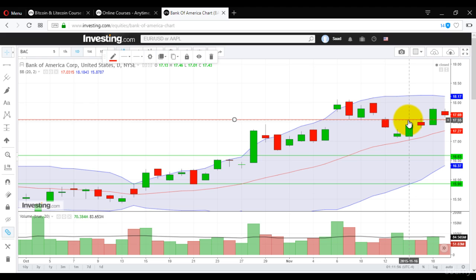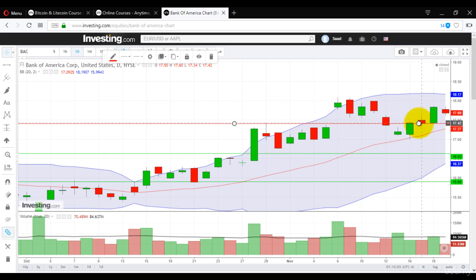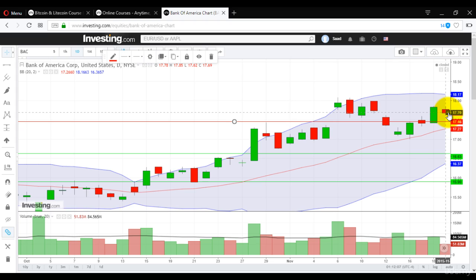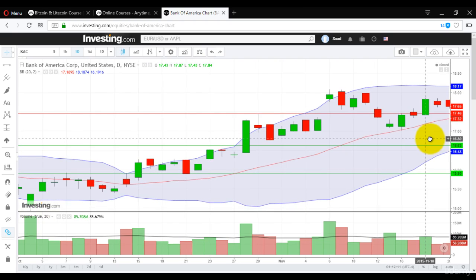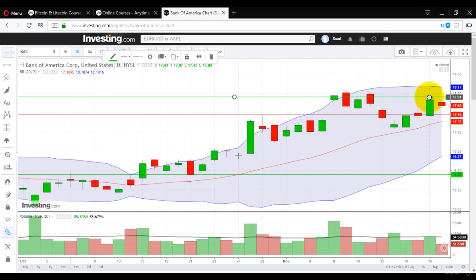Right here we would initiate our trade somewhere in between this red line and our open, and it's 1746, so we can trade 17.